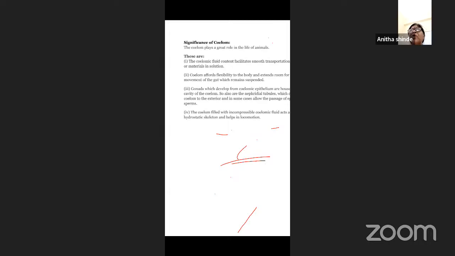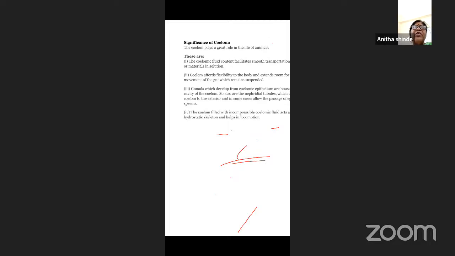It helps in the free movement of the different organelles. It helps in the immune system, and also protects the internal organs from external shock. So that is why the coelom has a major role to play in the life of the animals.